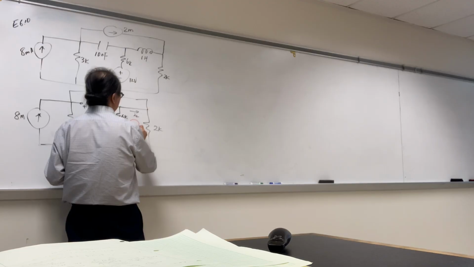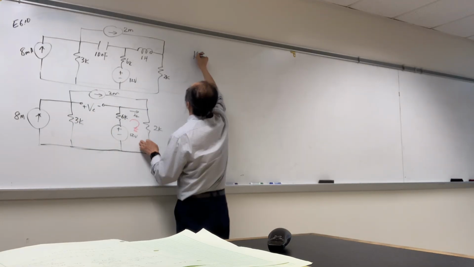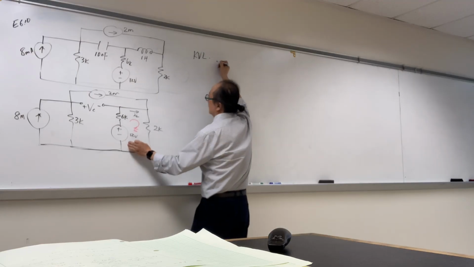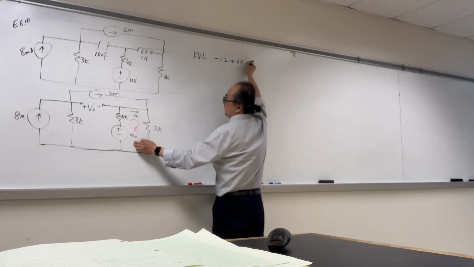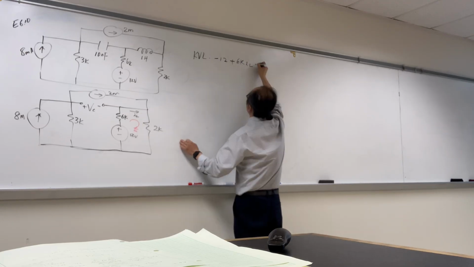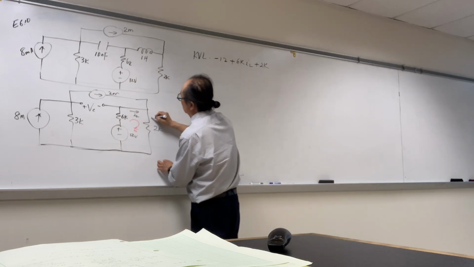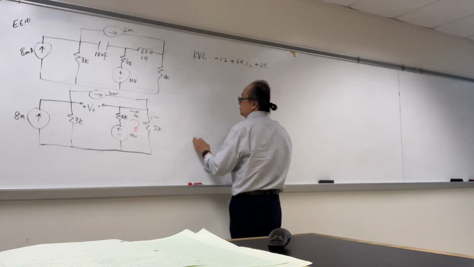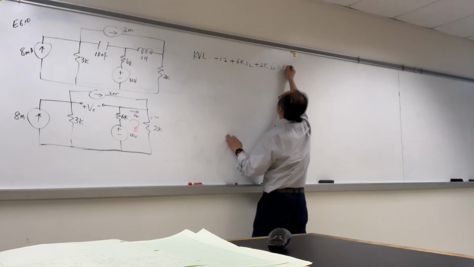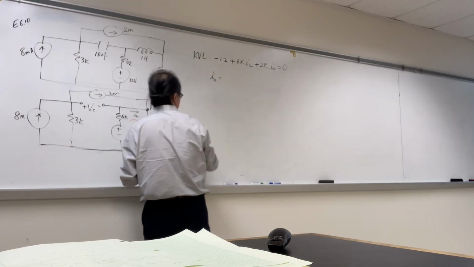So using IL, do the KVL here, negative 12 plus 6K IL plus 2K, and this guy we need to say I0 equals 0.